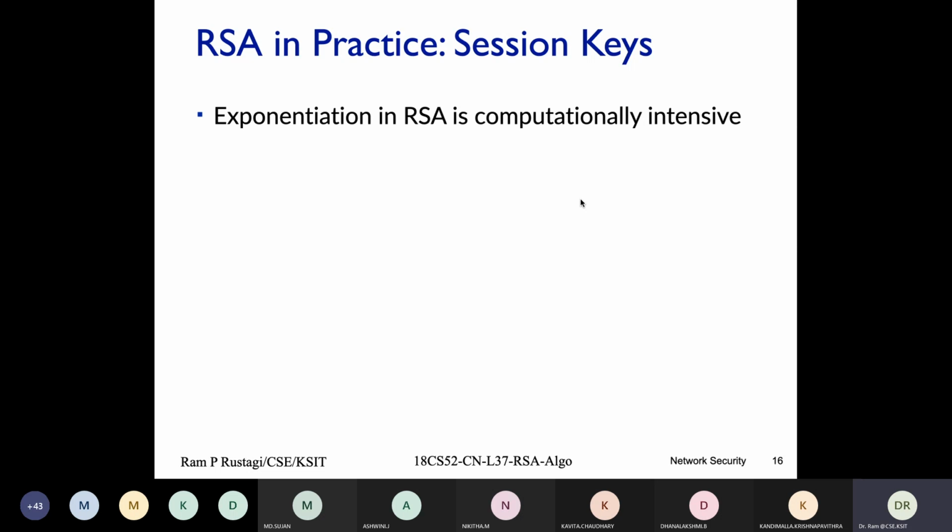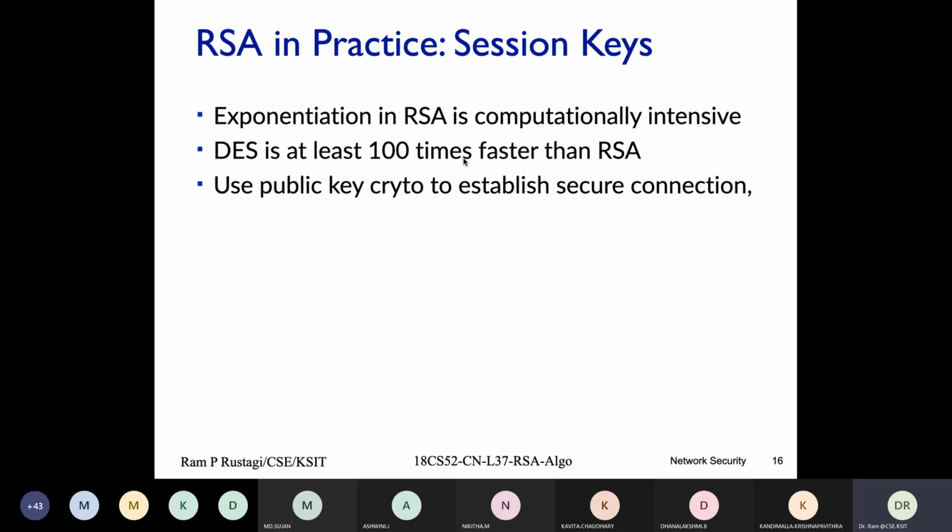So how does RSA get used in communications? We are using computation with two keys, doing mathematical computations, computing powers, and that takes a lot of time. So RSA, with the same key size, is at least 100 times more compute intensive than DES, or you can say DES is at least 100 times faster than RSA.